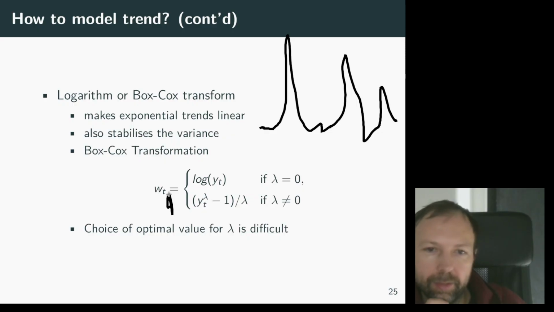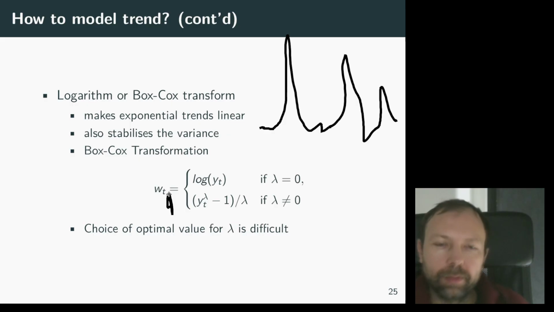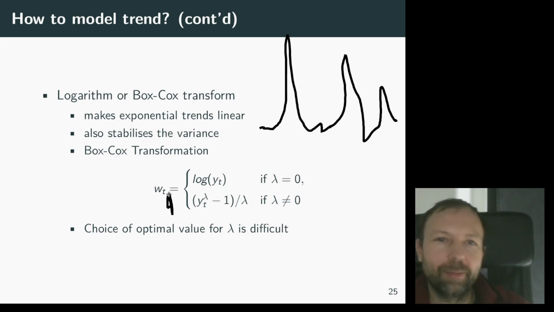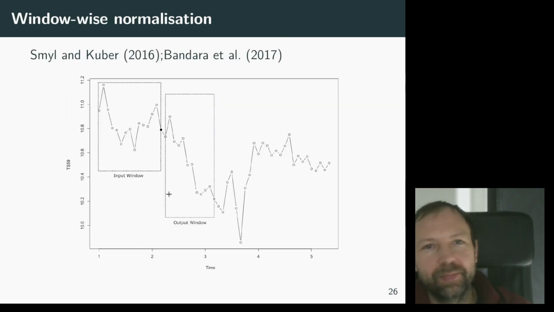I leave the data as it is, just shift it a bit. So the nice thing about the Box-Cox transform is that you can now really tune the strength of your logarithm, so to speak. But the problem is that now you have this parameter lambda that you need to tune, and it turns out it's actually not so easy to tune this parameter lambda.